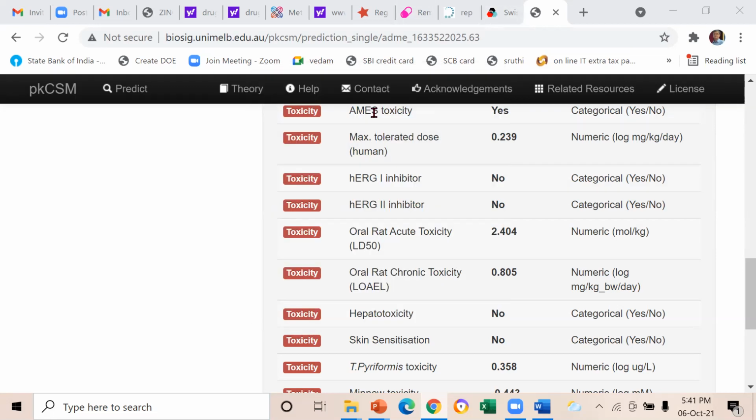It gives all the properties, like ADME related properties and toxicity related properties. If we know that it's going to be hepatotoxic, then that's a warning for you. In this case, it's saying no. Suppose it tells you it may have some hepatitis related toxicity, that's a warning for you, if you are going to work on that molecule, that it could have some problems.